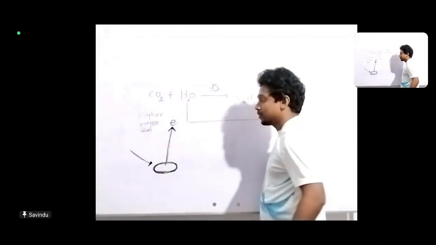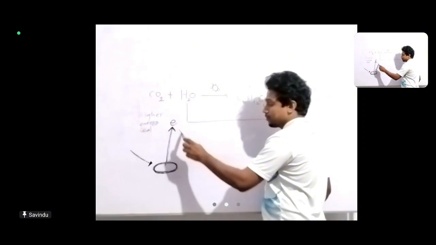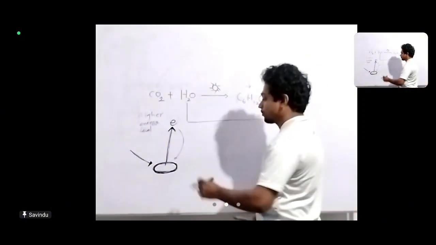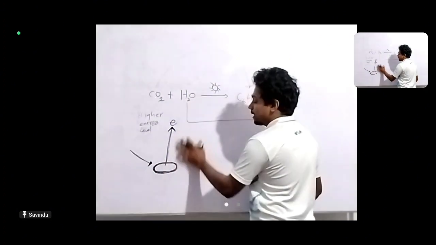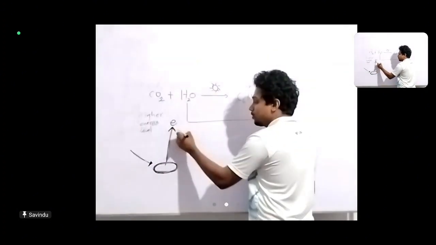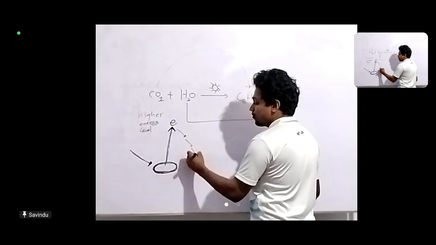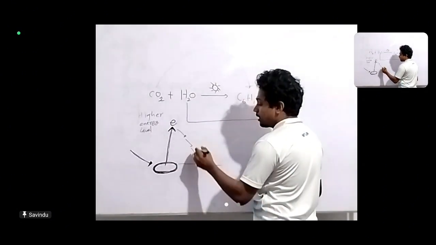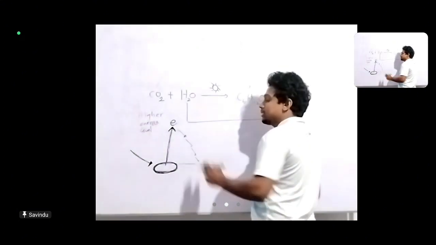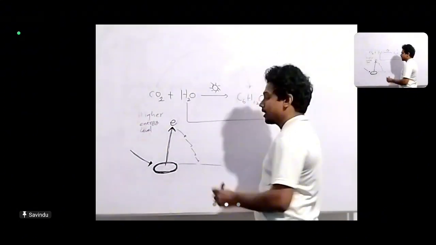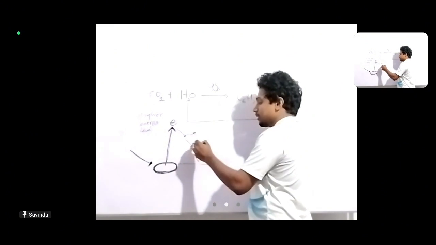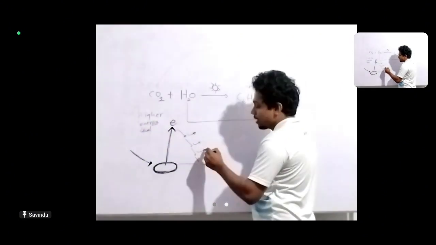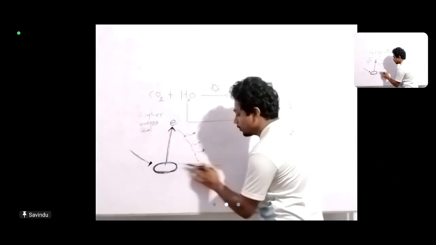But this cannot come back as quickly as that. It needs to go through a series of electron receptors, releasing a little energy here and there, and comes back to the normal energy level.